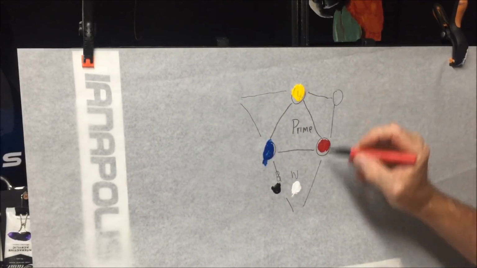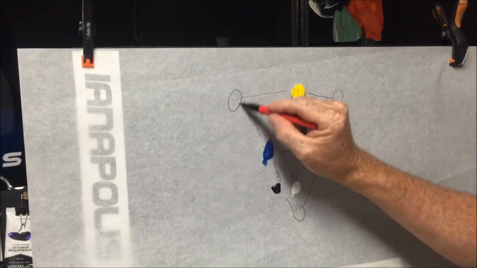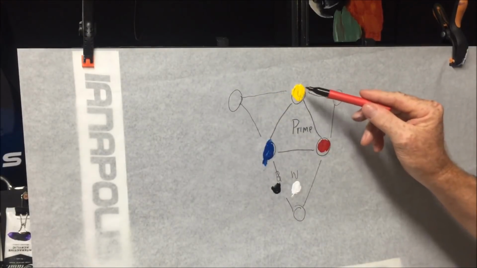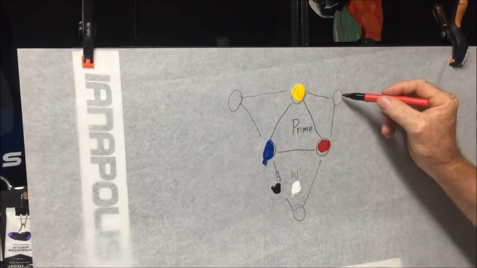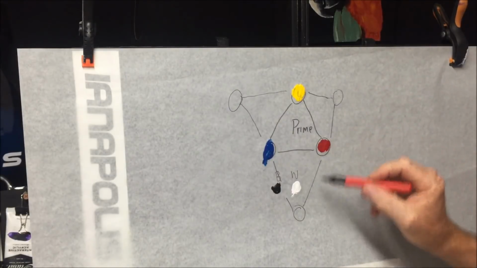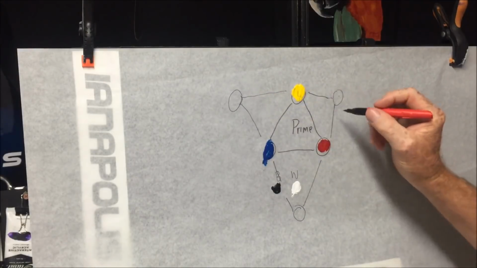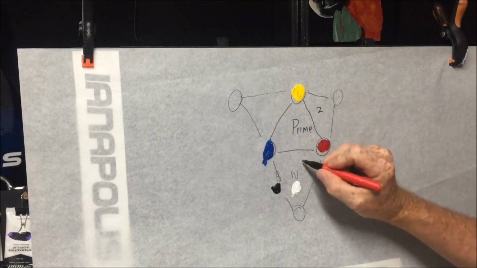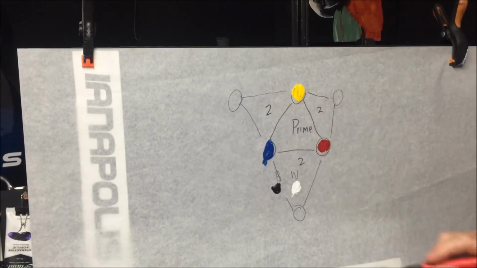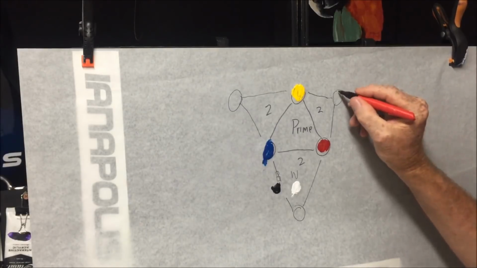So then out here, you've mixed these two primes to get this colour, those two primes to get this colour, and those two primes to get that colour, which become the secondary colours. You don't have to know if they're secondaries, but if you see it in writing or literature, you know what they're talking about, okay?